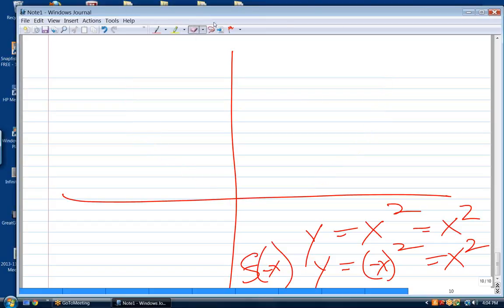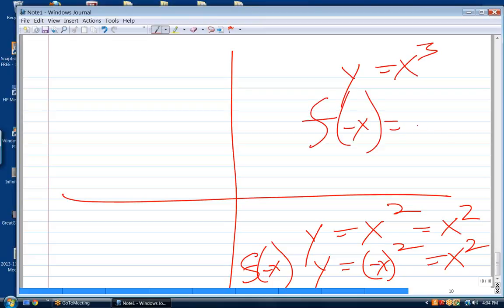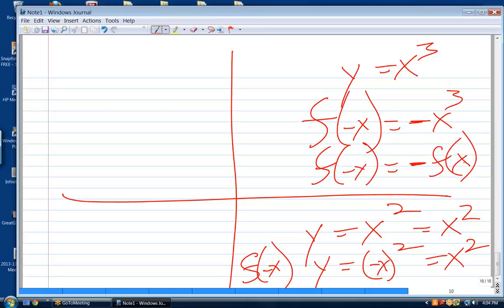On the other hand, if I took the function y equal x cubed, now f of minus x is not equal to x cubed, it's equal to minus x cubed. So f of minus x is equal to minus f of x. That makes it odd, and it is symmetrical about the origin.